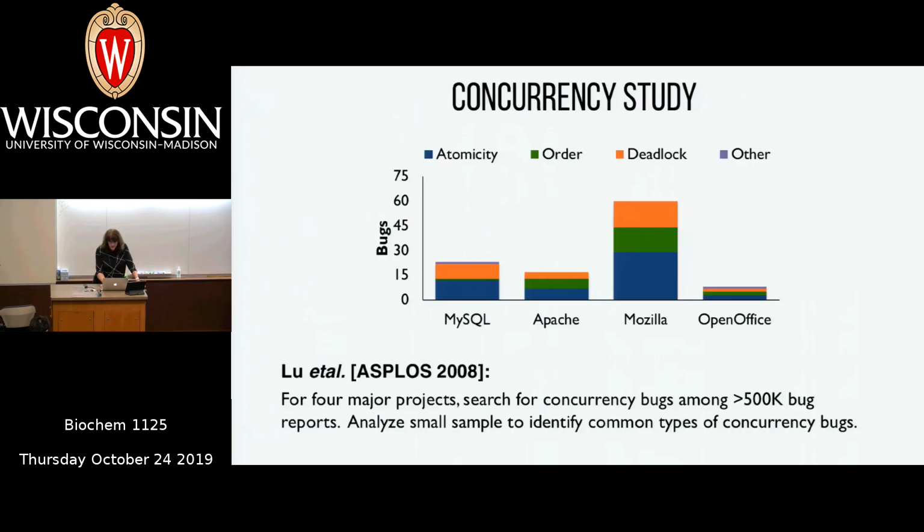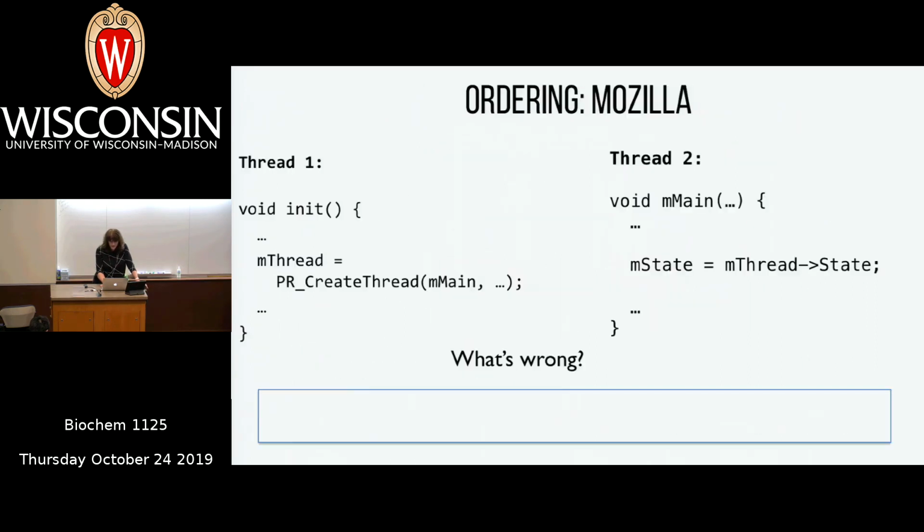All right, let's look at ordering problems. This one is harder to see. It seems like it should work, and it does not. So thread 1, the parent thread, is creating this child thread, and the child thread starts by calling main. I don't know why anyone would write this code, but this code does not work.